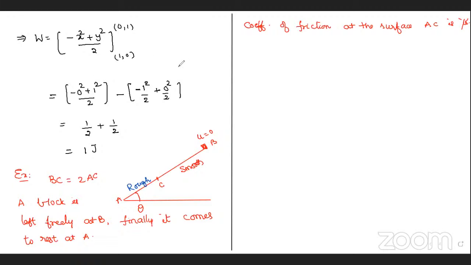And the problem is here, mu is changing with theta. Or else, simply I say, after coming to the bottom, at A it comes to rest, given that mu is equal to, finally after solving, he got k tan theta.